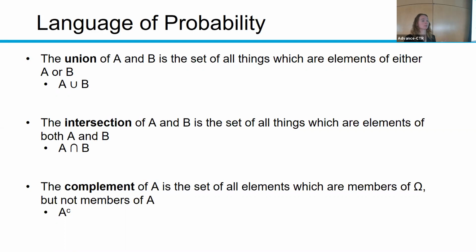That was looking at the probability of a union of 2 events. The intersection, the probability of rolling a 2 and a 5, was looking at the probability of an intersection of 2 events. The complement is the set of all elements which are members of the sample space, but not members of A, and we denote that A^C.